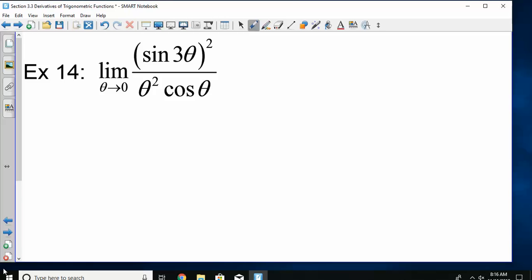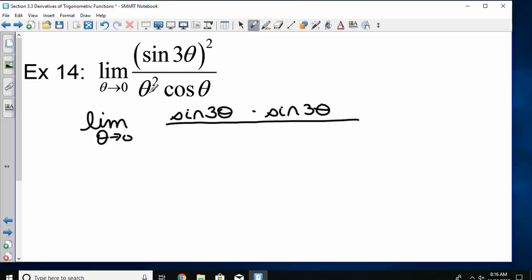Look at this one. That square on the top means we have two of those. Theta squared is the same thing as saying theta times theta.